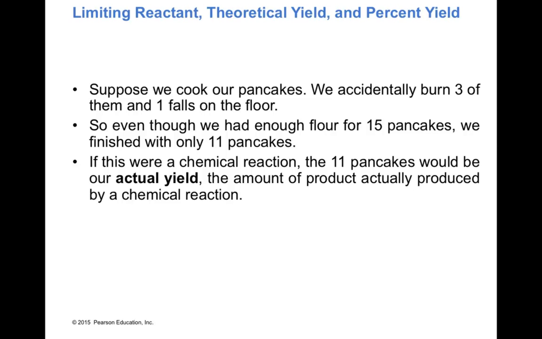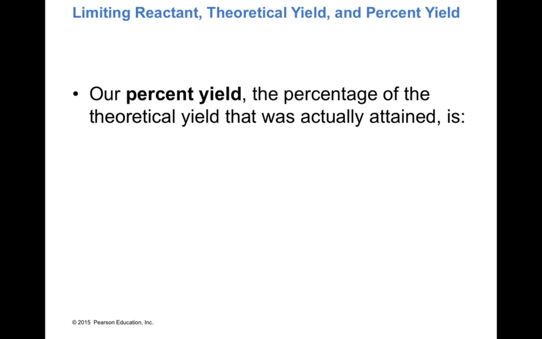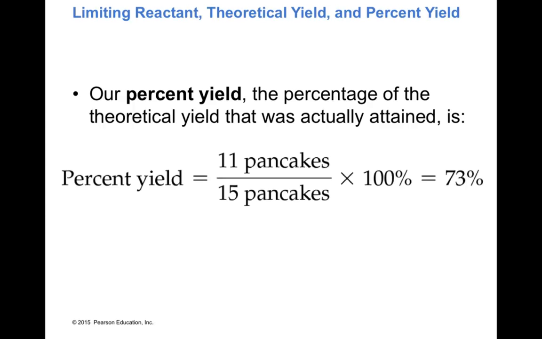So the third part is the percent yield. The percent yield is an equation that is basically the percent of the theoretical yield that was actually attained. You divide the actual yield by the theoretical yield. Okay, so the actual yield was 11 pancakes divided by the theoretical yield, that is 15 pancakes, times 100%.